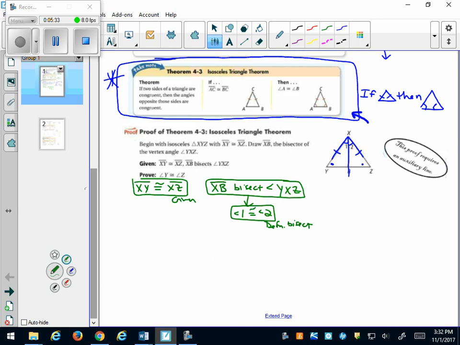XB must be the perpendicular bisector of YZ. So that really comes from both of these. We're going to say XB is the perpendicular bisector of YZ, and it comes from that theorem.